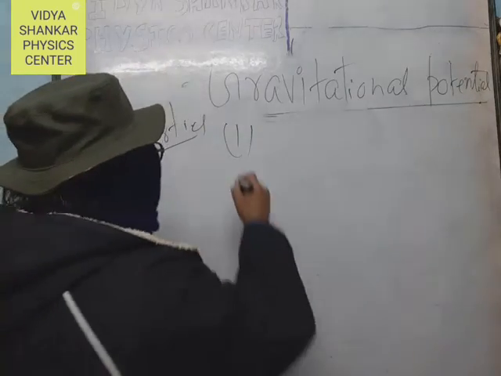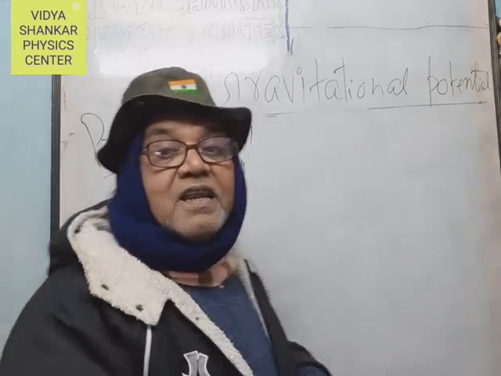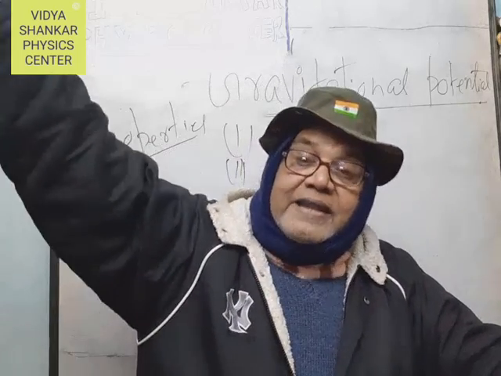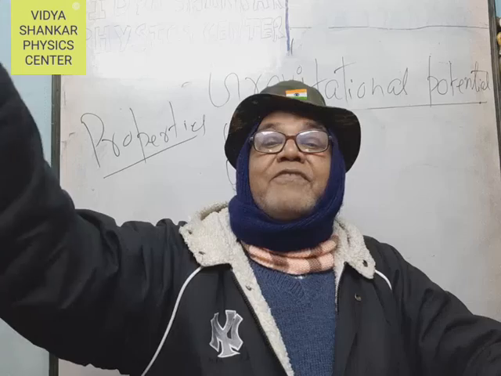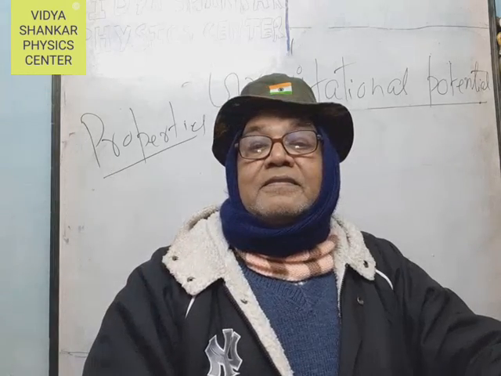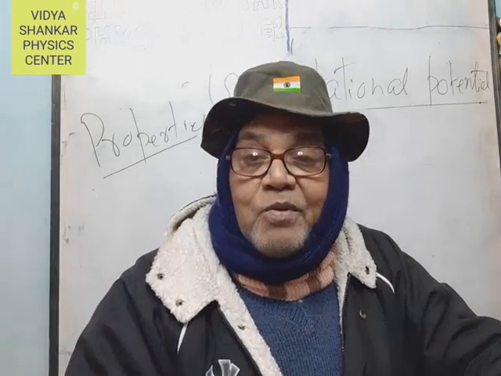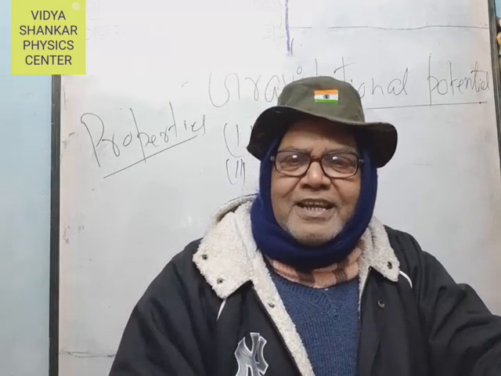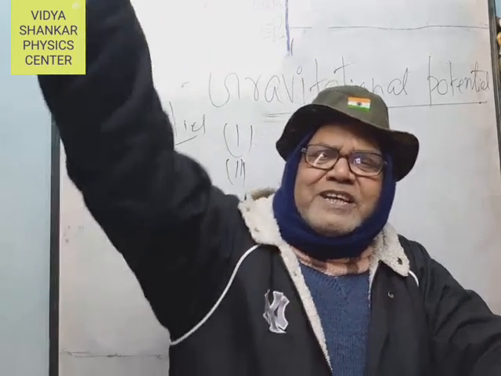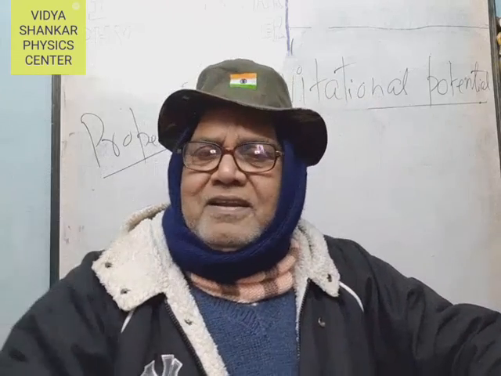Second point, the gravitational potential is zero at infinity. Body is situated at infinity, no work done. If the work is done, then we can define the potential. The body is situated at the infinity, no work done.